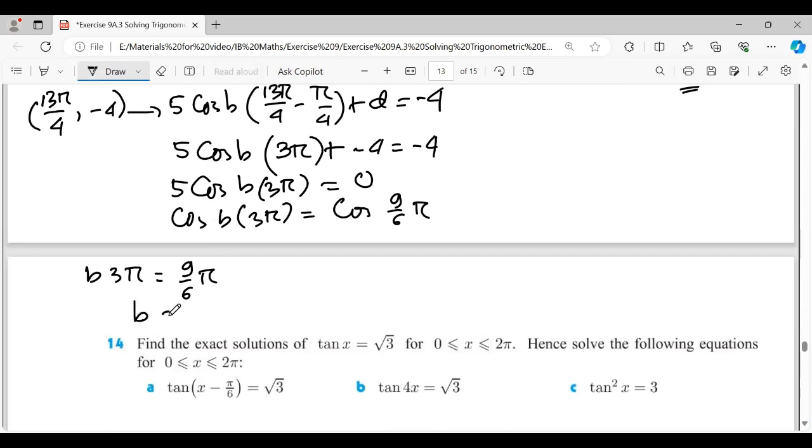So b equals 9 over 6 pi times 1 over 3 pi, divided 3, half. Okay, b equals half.